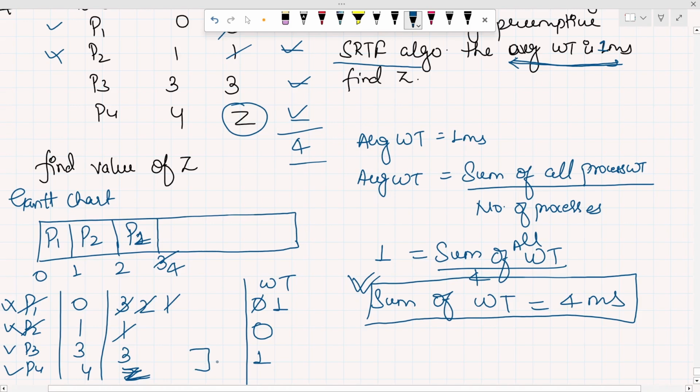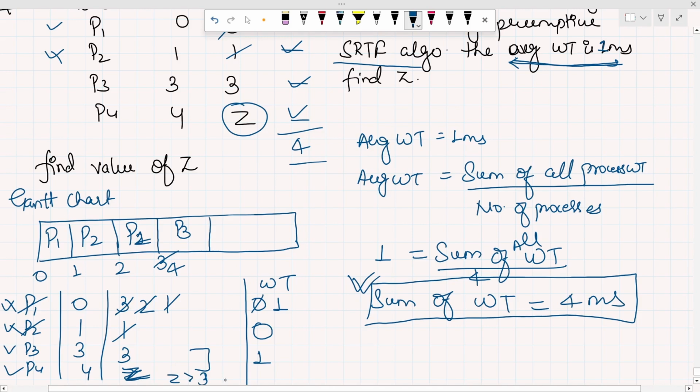Whoever has the smallest burst time will get the CPU. So suppose P3 is smaller than P4. In this situation, the value of Z should be greater than 3.